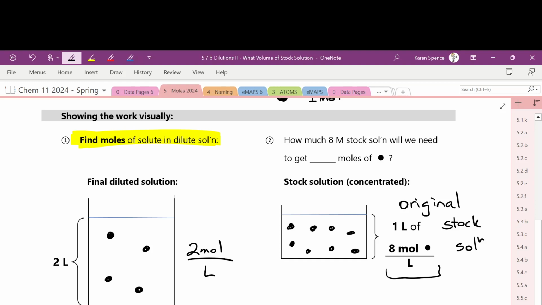How much of the stock solution do I need to get? How many moles do I need here? I need 4 moles. Yeah? How much of the stock solution do I need to get 4 moles?